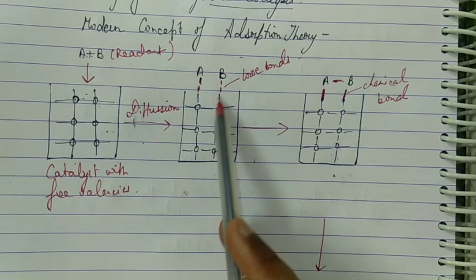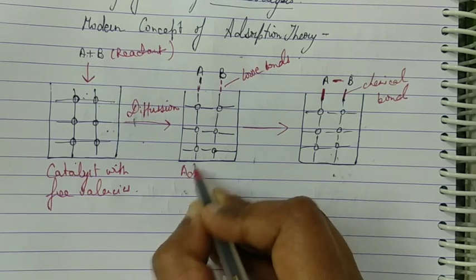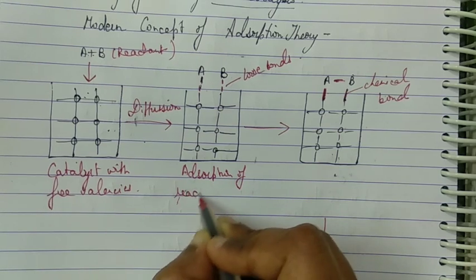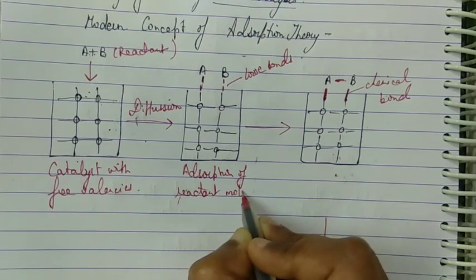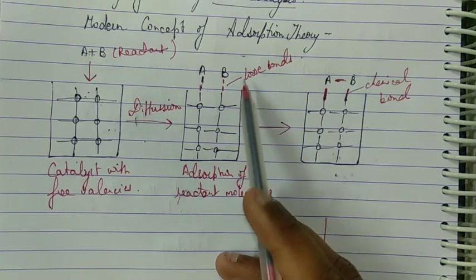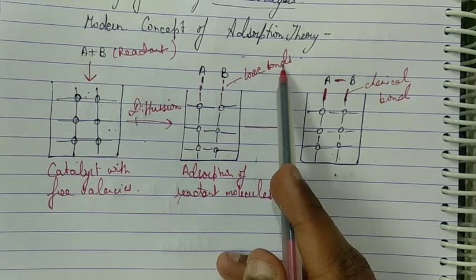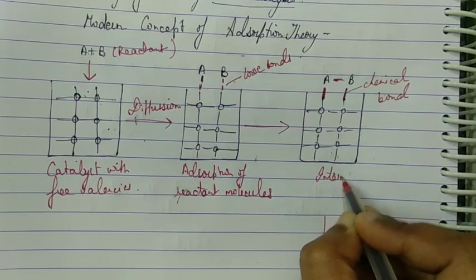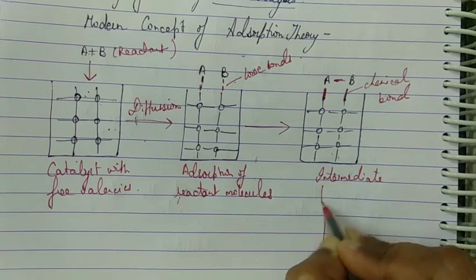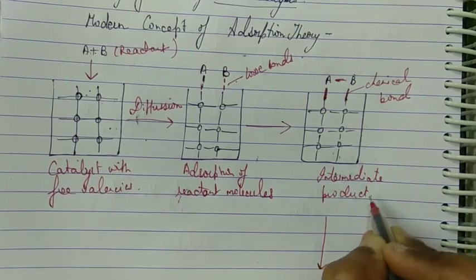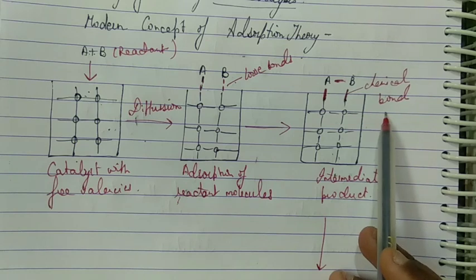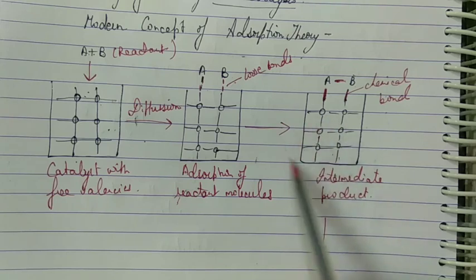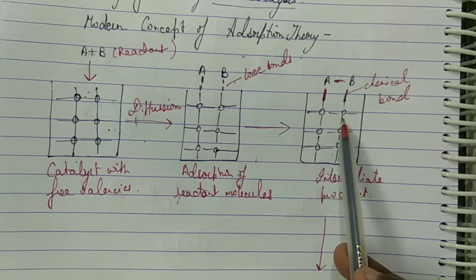After that, there will be the process of adsorption of the reactant molecule by the formation of loose bonds. Now this will change into an intermediate product with the help of a chemical bond formed between the reactant and the surface of the catalyst.